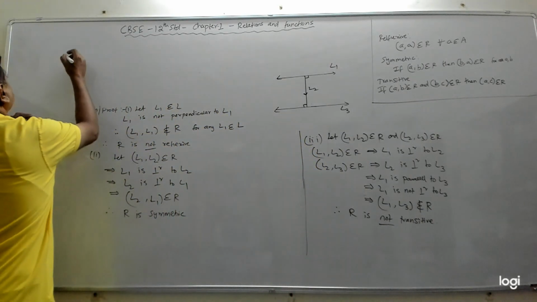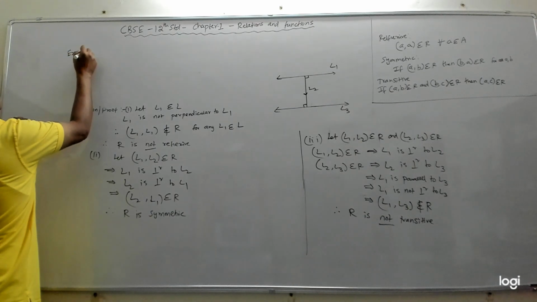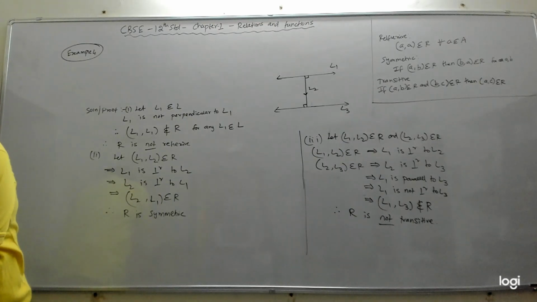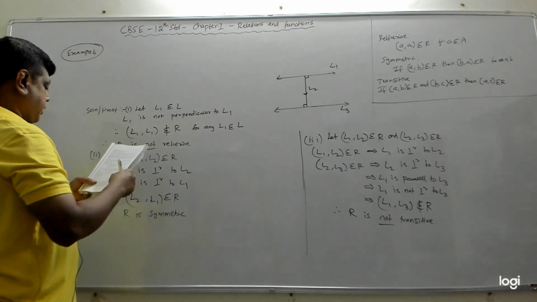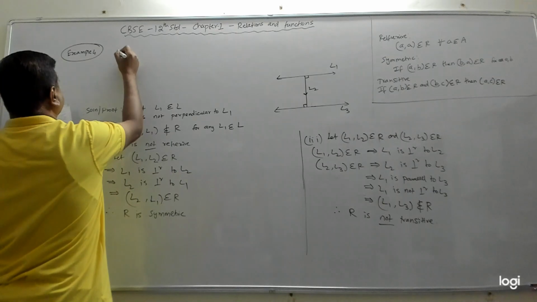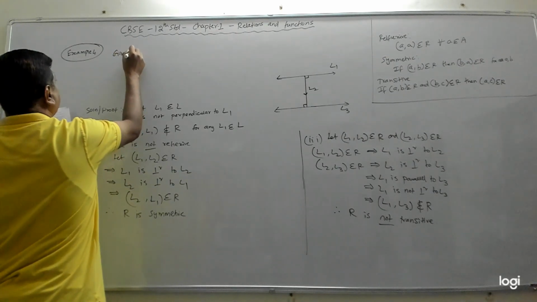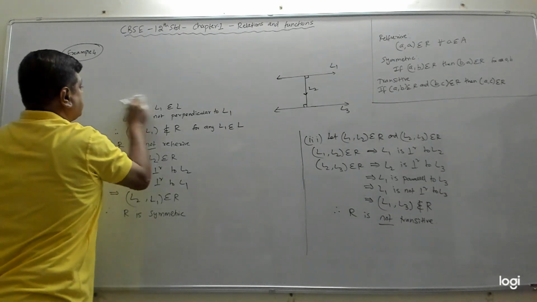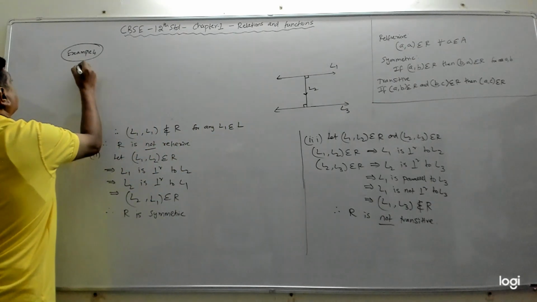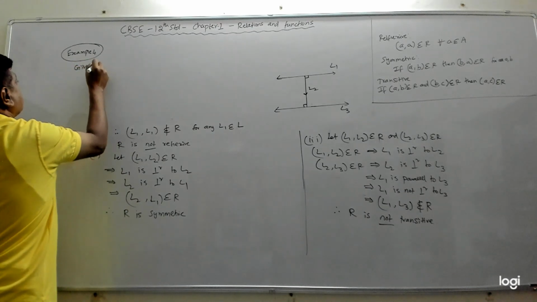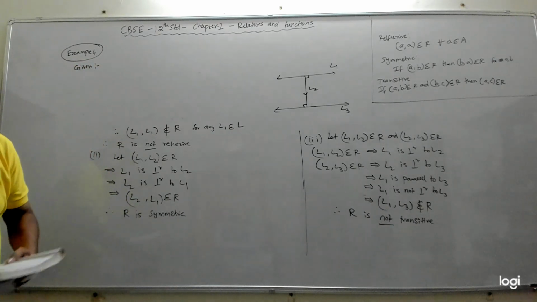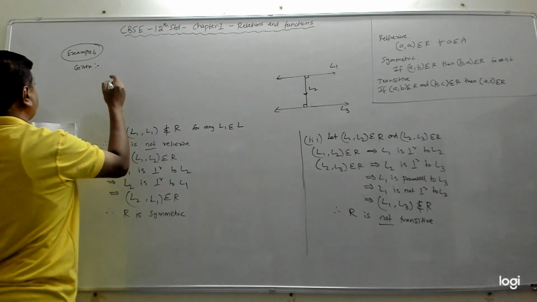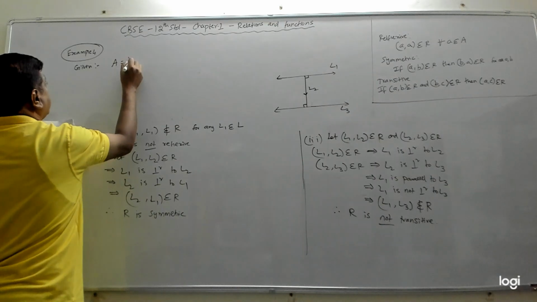So example 4 is, we'll write what is given. Show that the relation on the set {1, 2, 3}. So there is a set given. I'll call that set A, equal to {1, 2, 3}.